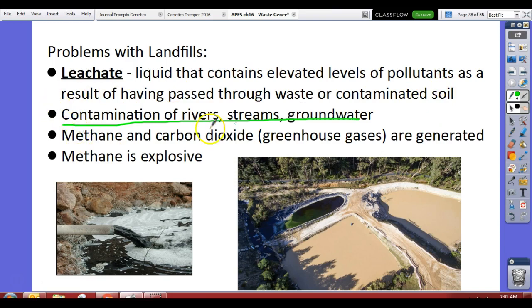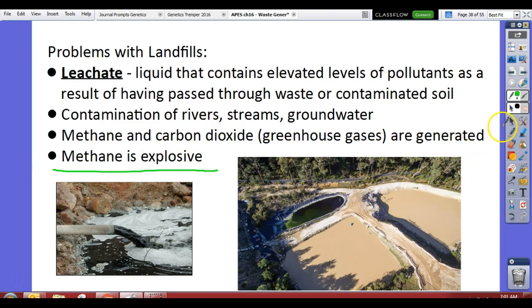Okay. Now, when our things start to decompose, they produce methane and CO2, both of which are greenhouse gases. And greenhouse gases, remember, are responsible for insulating our planet and contributing to climate change. The other problem, methane is explosive. So think about natural gas.